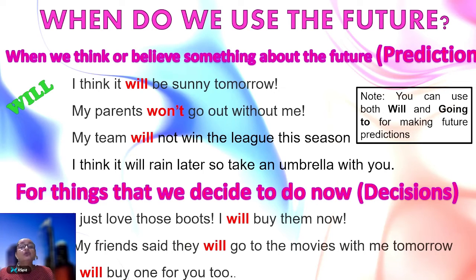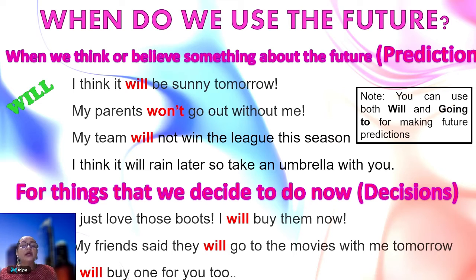You have to know also that you can use both will and going to for making future predictions, but there is a little difference between one and the other. In going to, it should be based on evidence.